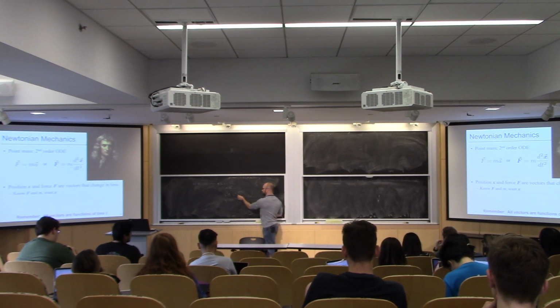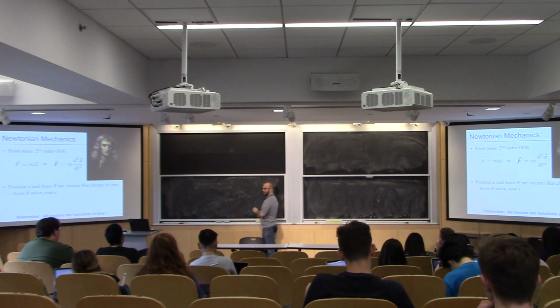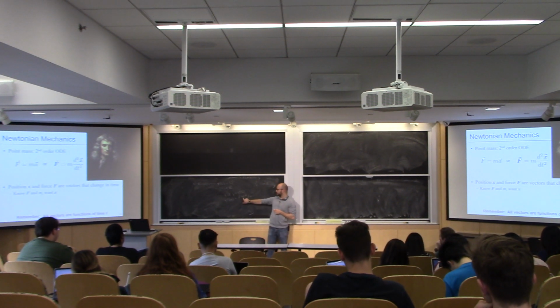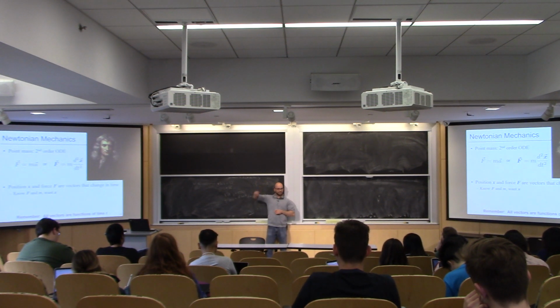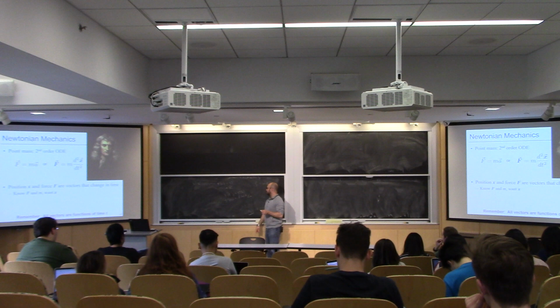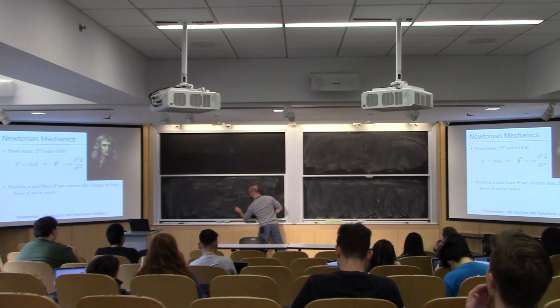And your forces tend to be a function of position, time, velocity, right? So like spring would be an example of a force that's a function of position. Wind resistance is a function of velocity. And I don't know, a spring with somebody else wobbling around the other side might be a function of time.